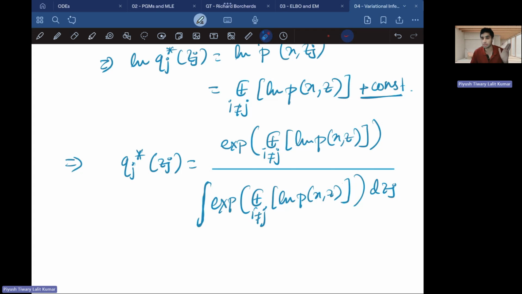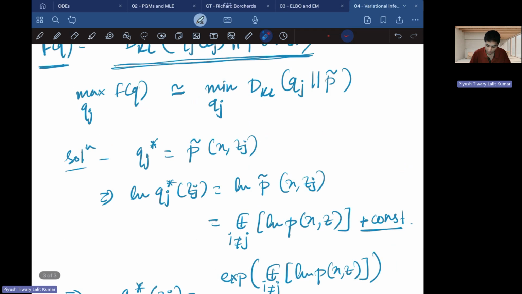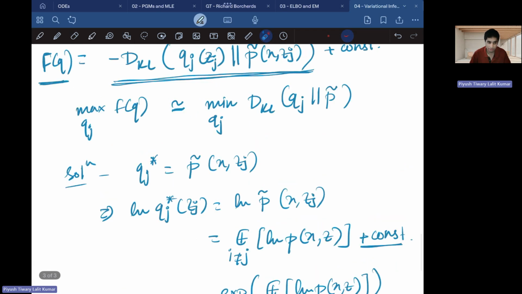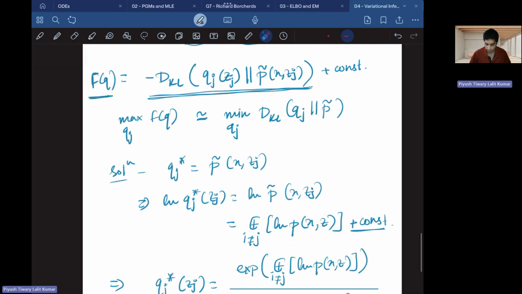And this free form optimization on top of functions is what people refer to as variational optimization, where you are optimizing on top of a function particularly. So yeah, this is your variational inference.